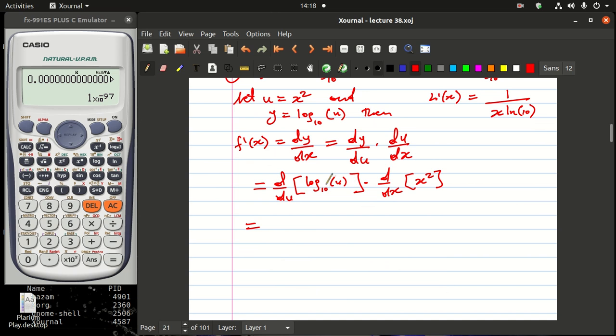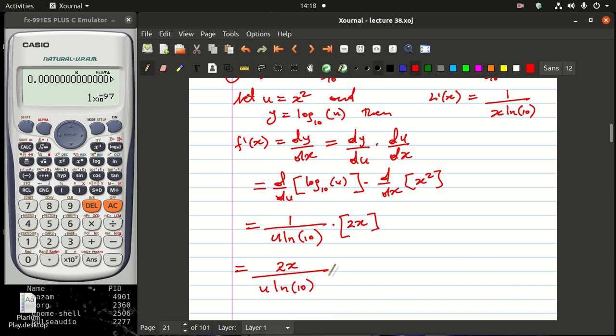Of course, the derivative of this log, because I have a u, is supposed to be 1 divided by u, and then I'm supposed to have ln of this base here, so I'm supposed to have a 10 there, and then times the derivative of this. We know that this is just going to be 2x, and if you look carefully, this is the same as 2x divided by u ln base 10.